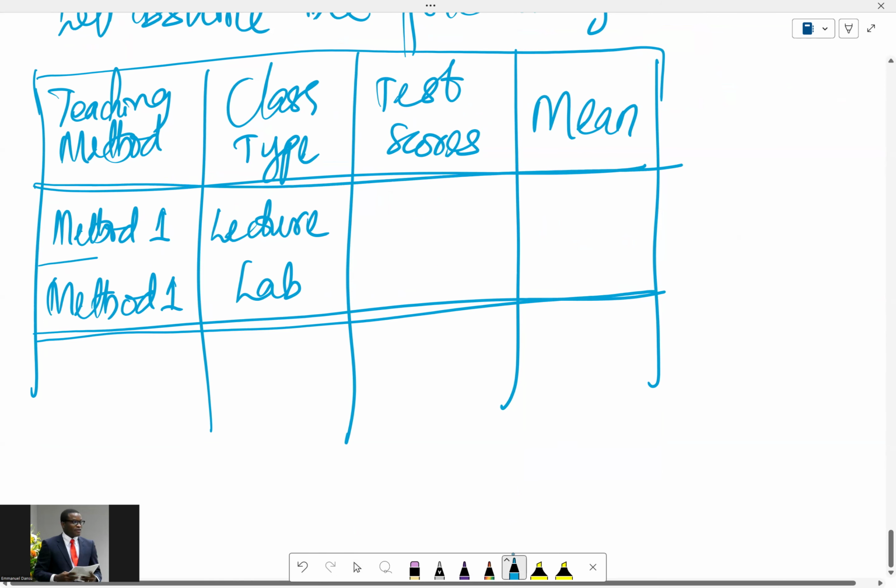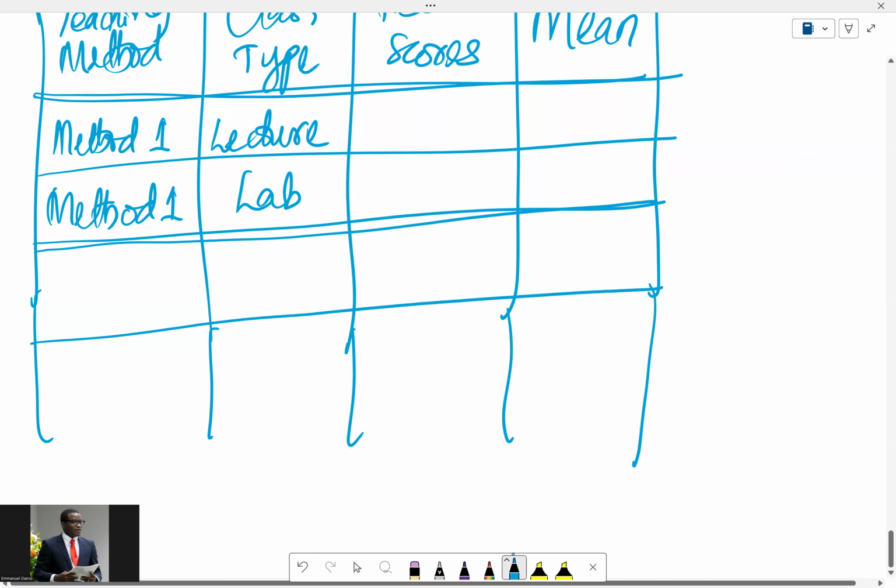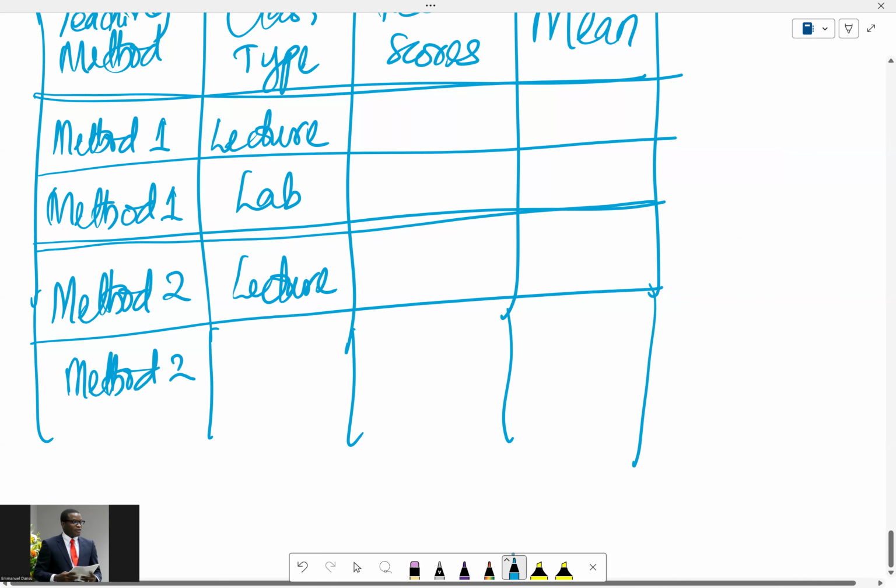Now we can also have method two. We have to combine them in pairs like that. Say you now have method two for lecture, and method two again for lab.